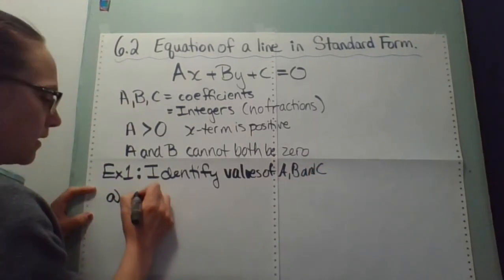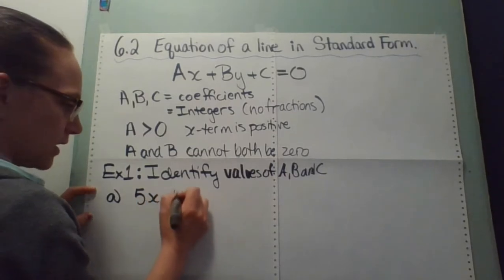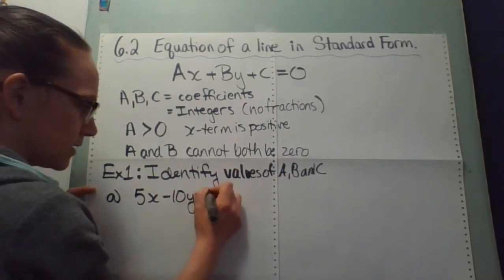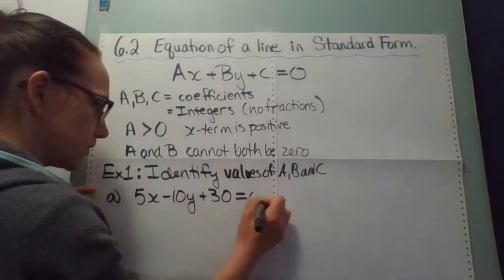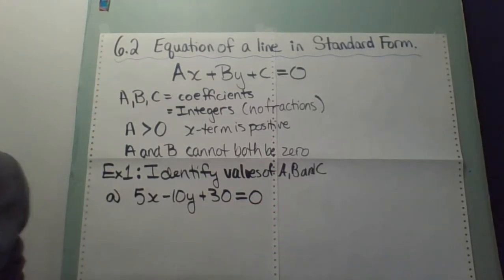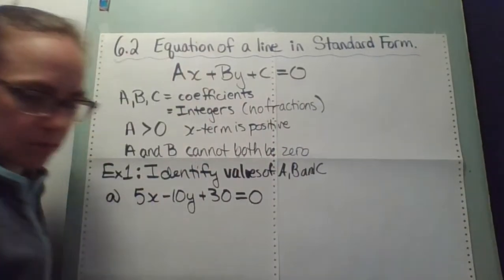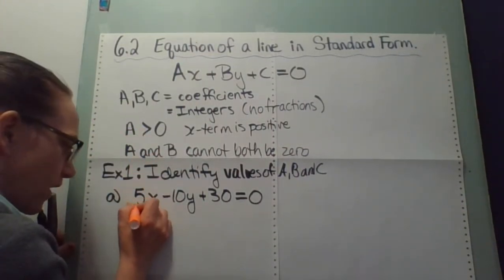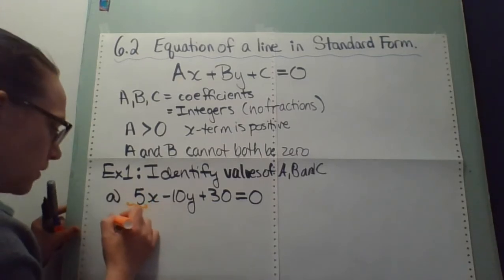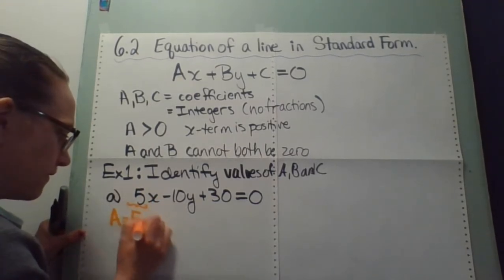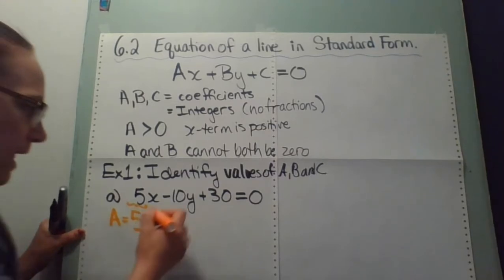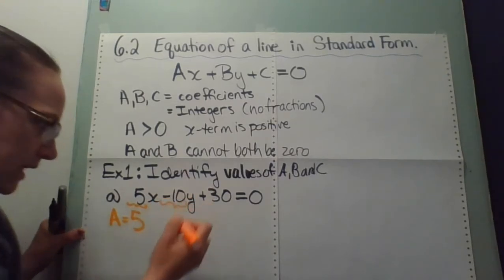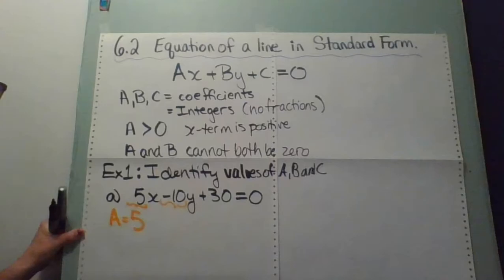Let's see. 5x minus 10y plus 30 equals 0. So what are our different pieces? So our coefficients are numbers in front of our letters. That's what we're looking for. So 5 is a number. So A is 5. Negative 10 is a number.